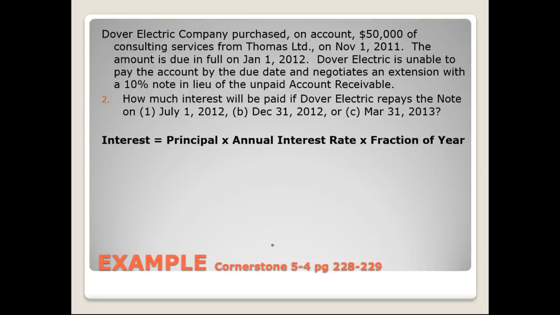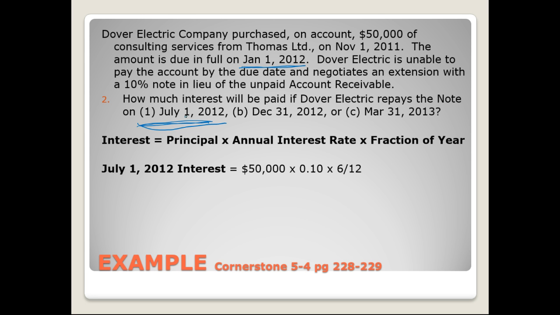Remember that interest equals the principal amount times the annual interest rate times whatever fraction of a year the note maturity is. So let's look first at July 1st, 2012. If the note is issued, it begins on January 1st. And if it was paid back on July 1st, how many months would it have been outstanding? 6 months.